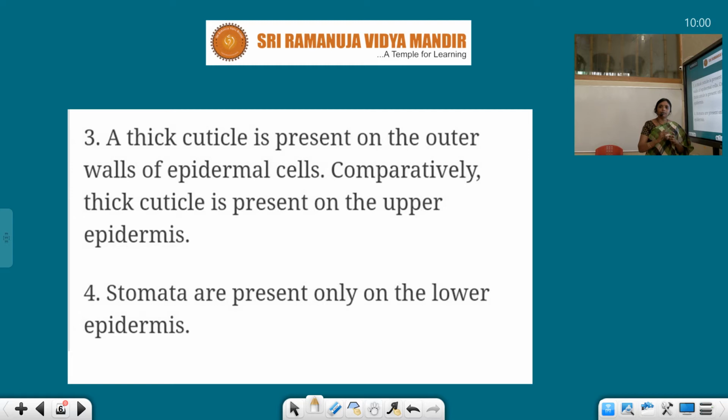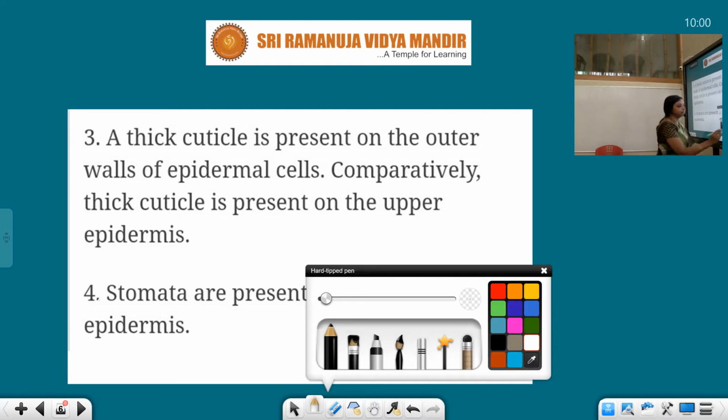Stomata are present mainly on the lower epidermis. Not exactly only one side, but more stomata are present on the lower epidermis. So stomata are generally confined to the lower epidermis, but a few stomata we can observe on the upper epidermis also. This is one point you have to note.